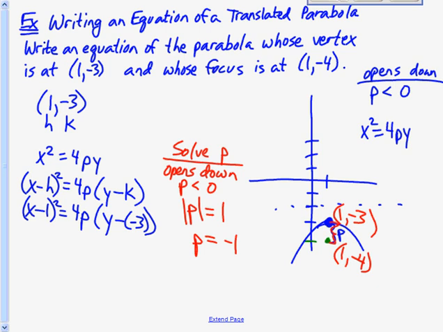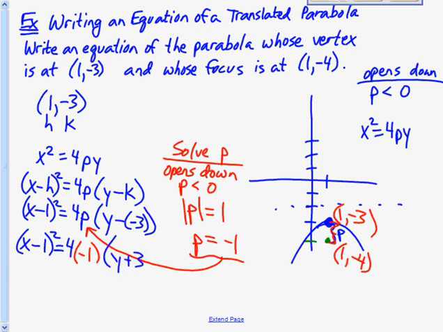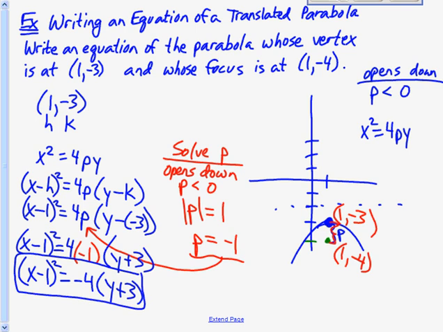That's what we're going to plug in for p. Now we have our equation: x minus 1 quantity squared equals 4 times p times y plus 3, so x minus 1 quantity squared equals -4 times y plus 3. That's the equation for that parabola with the vertical axis. All right, let's move on here.